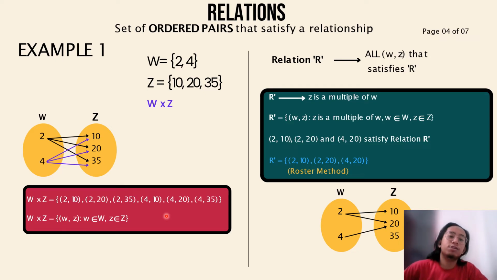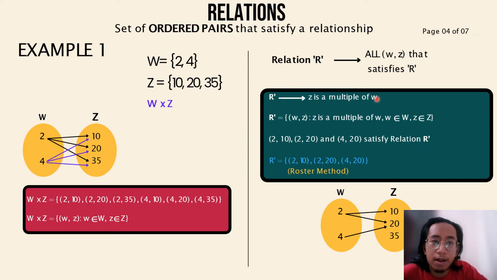So now let's introduce a relation R. Relation R gives us a set of all ordered pairs (w, z) that satisfy relation R. It could be any relation. Now suppose we introduce a relation R dash here, such that z is a multiple of w.